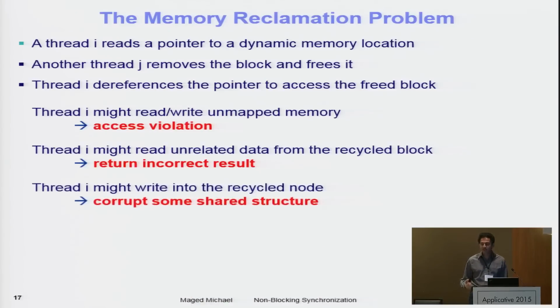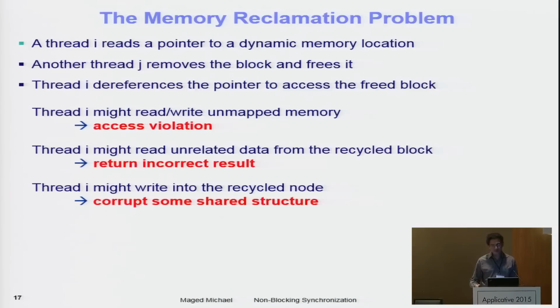Or of course, if it is writing to it, it could corrupt some other location that just happens to allocate that block or that piece of memory. The block might not be intact anymore. It might have been freed and reallocated as part of a different structure.